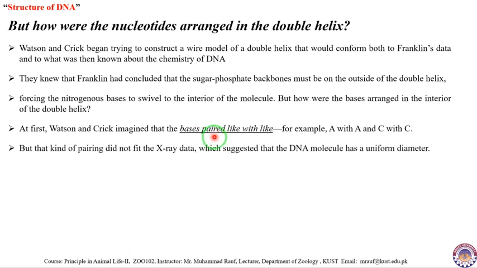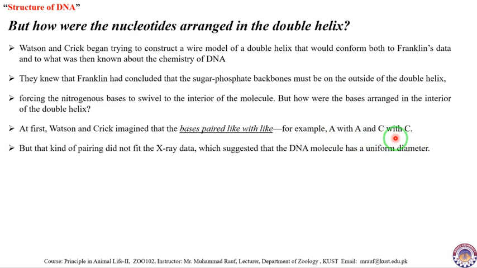And when they developed a structure on the basis of that assumption, then the structure didn't have this constant diameter, because the points where the purine bases bonded had greater diameter than the points where the pyrimidine bases bonded.